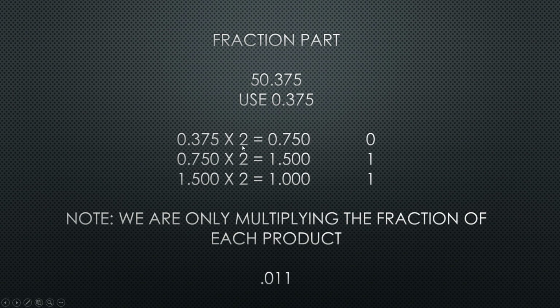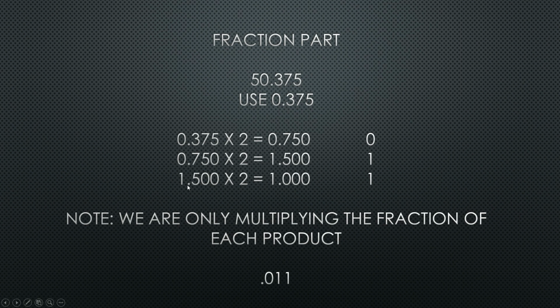Multiply it by the target base of 2, you get 0.750. No integer, so mark a 0. And when you multiply just the 0.75 by 2, you get 1.5, so we mark a 1.